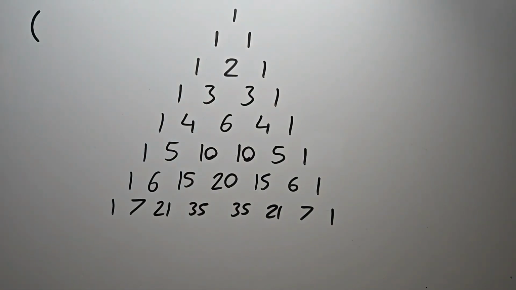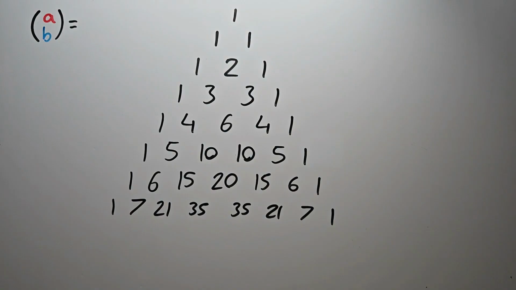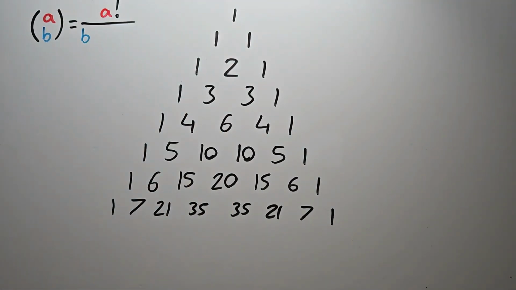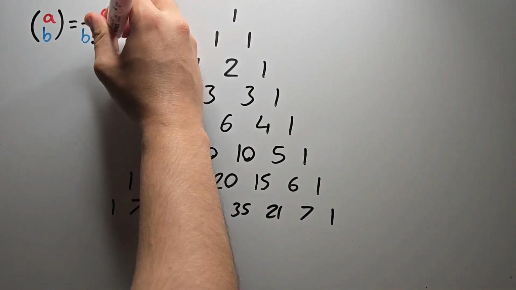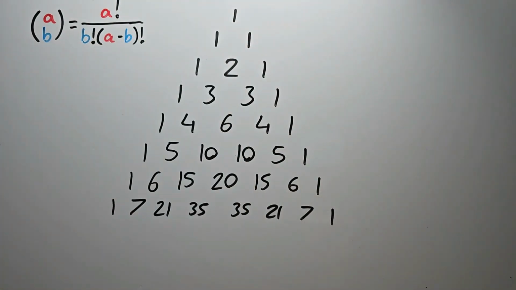Let's briefly return to Pascal's triangle and look at a couple of functions that produce its numbers. The most common of which is the choose function, where a choose b is defined as a factorial divided by b factorial times a minus b factorial.